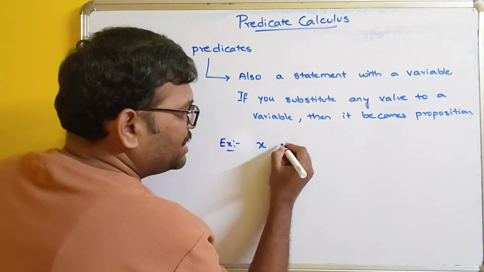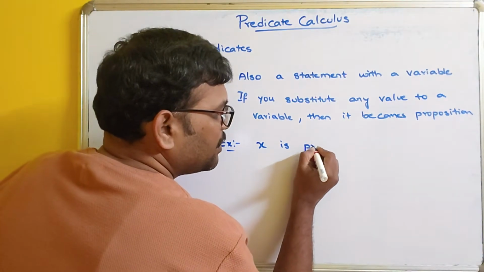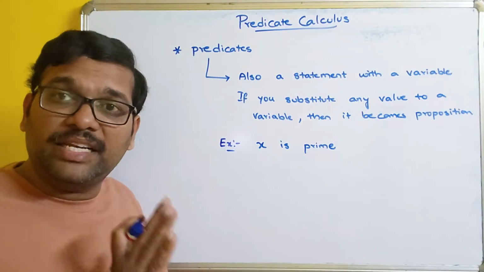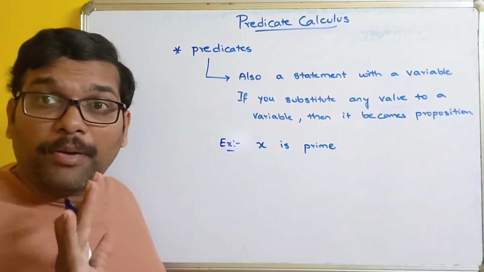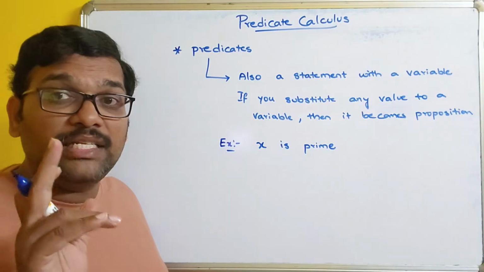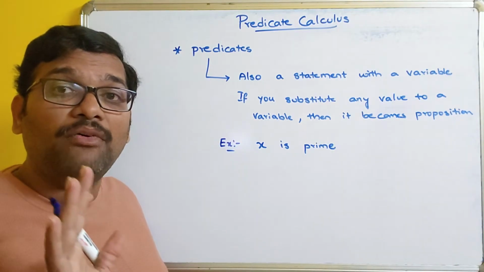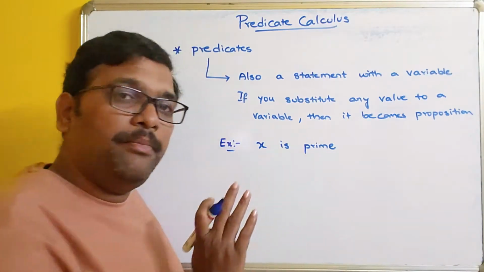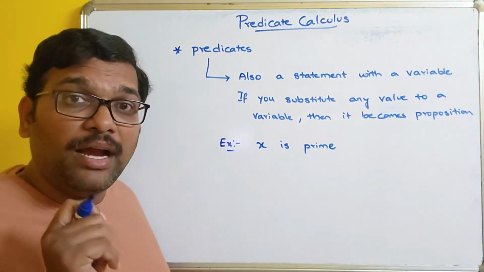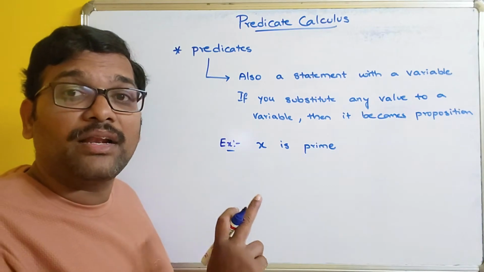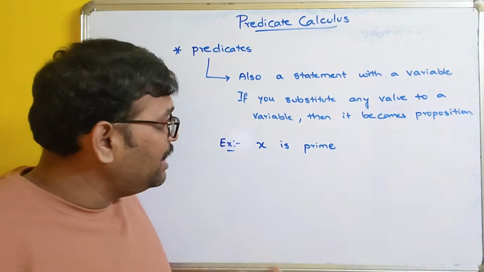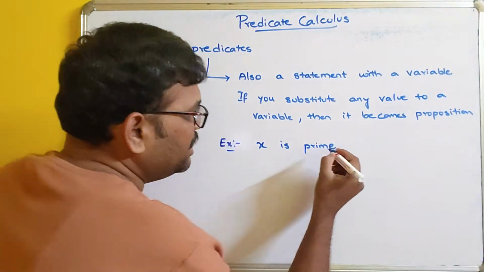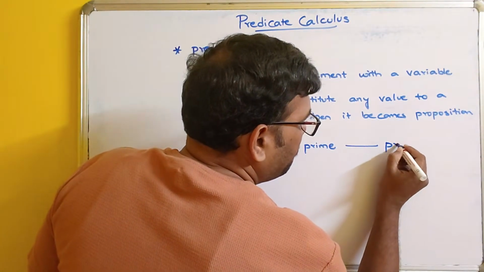See, x is prime. This is a statement, but it's not a proposition, because a proposition is a statement which is either true or false. But x is prime is a statement where we can't decide whether it is true or false until you give some value to that x. So we call this a predicate.